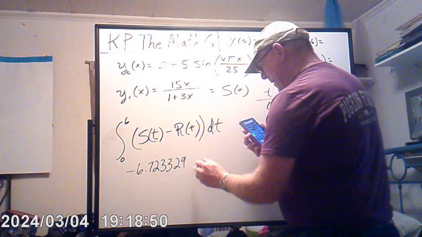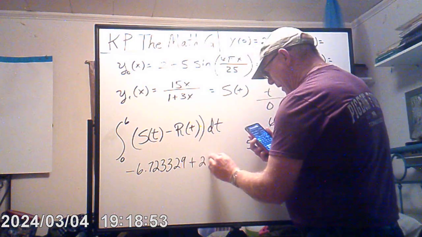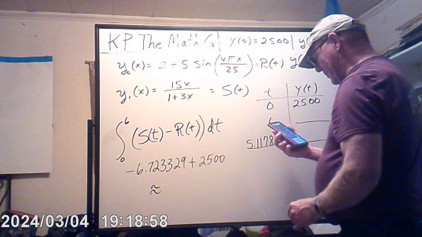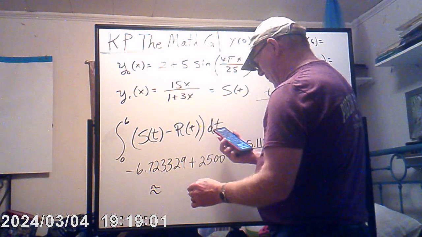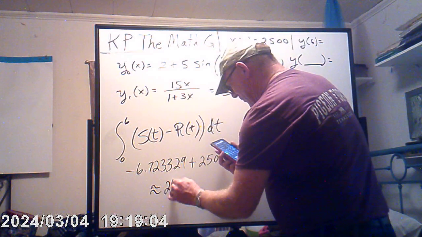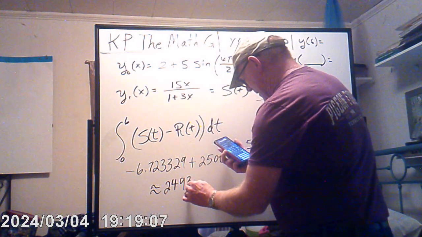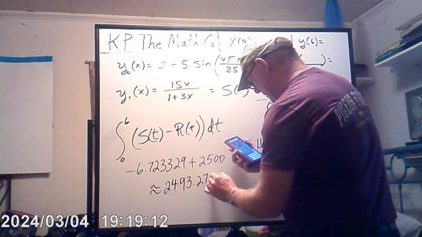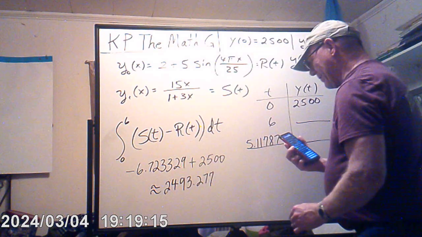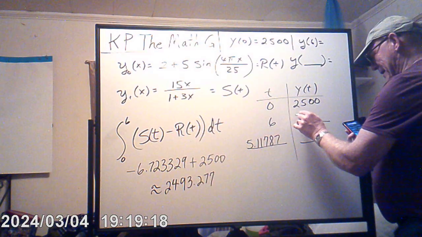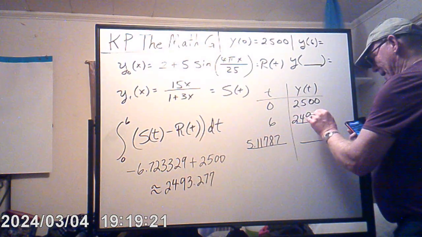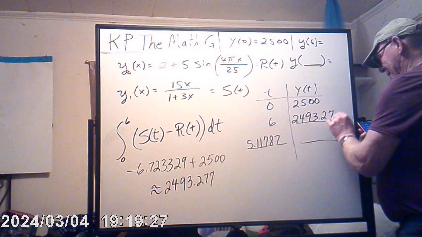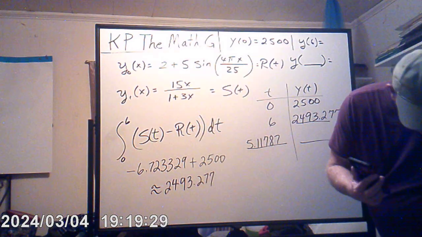You don't have to go that many, but when you add 2,500 to that, you get an answer of approximately equal to 2493.276 or 277. So right here at 6, I got 2493.277. That's what I got on that one.